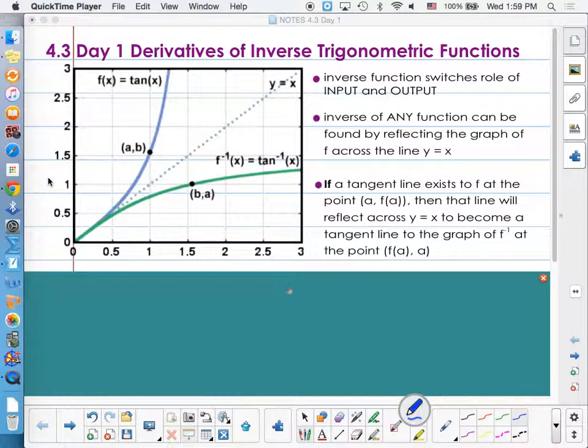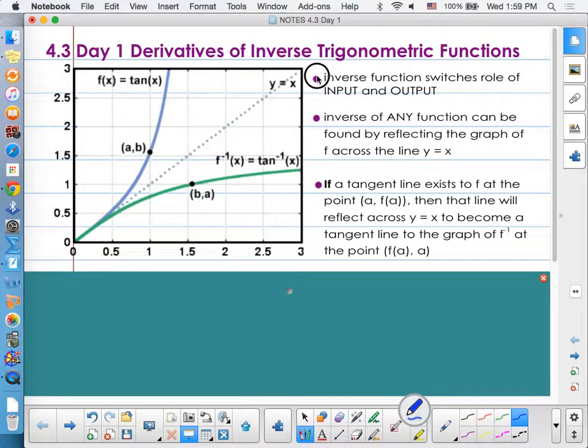Inverse functions take the input from a regular function and switch it to the output and vice versa. What that means, and we'll use this tangent graph as an example, is that this is part of a tangent curve, the blue curve. If the point (a, b) is on that curve, the inverse takes as input the old y value, which is now its input, and gives you back your original input.